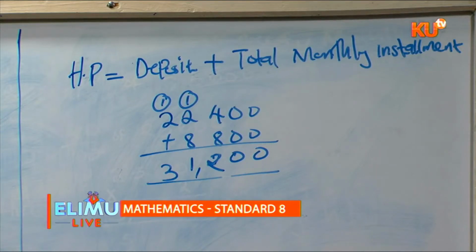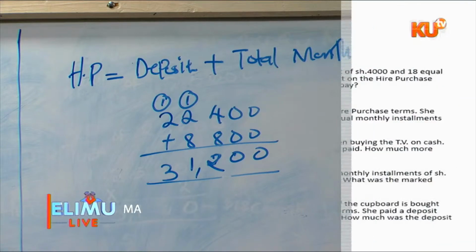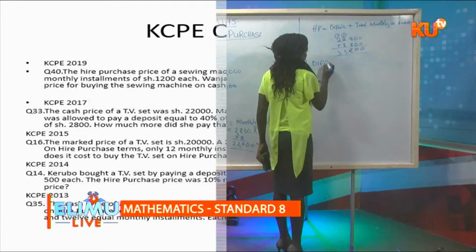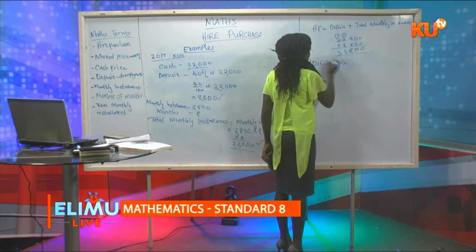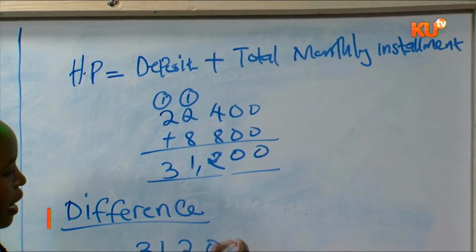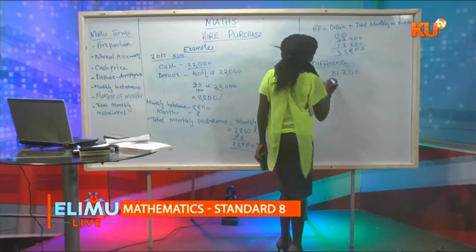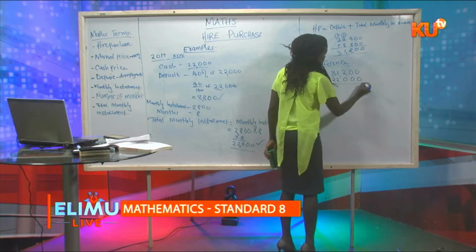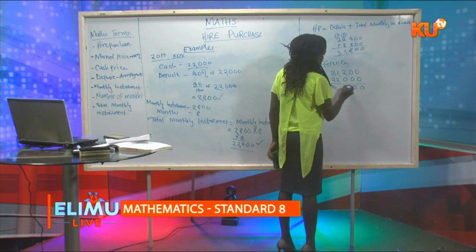Then the question was, how much more did she pay than the cash price? The cash price was 22,000. So we come and get the difference. So that 31,200, that is the hire purchase, less 22,000, which was the cash price. 0, 0, 2.